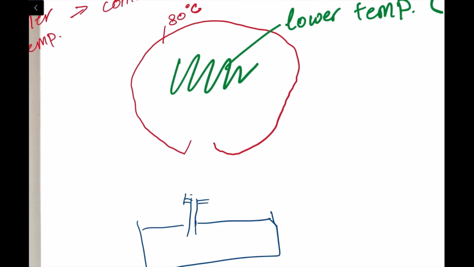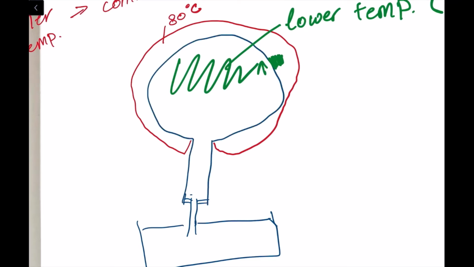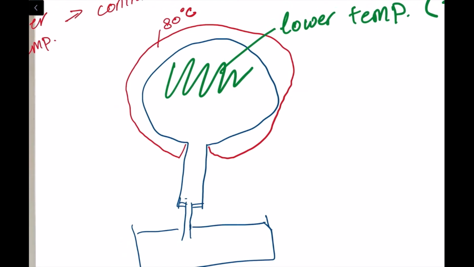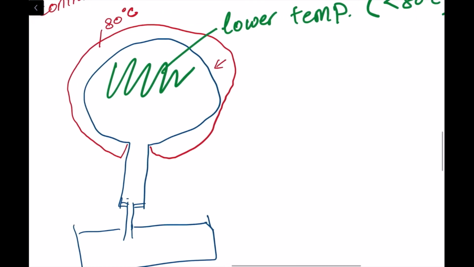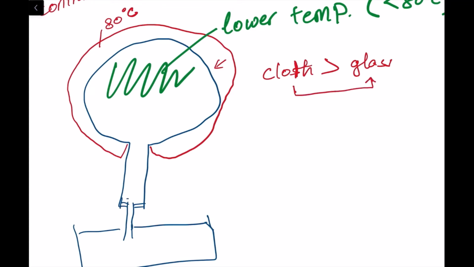So the steps that follow would be this. The cloth loses heat to the glass. Since the cloth is at a higher temperature than the glass, heat is transferred from the cloth, which is a warmer region, to the glass, which is a cooler region.